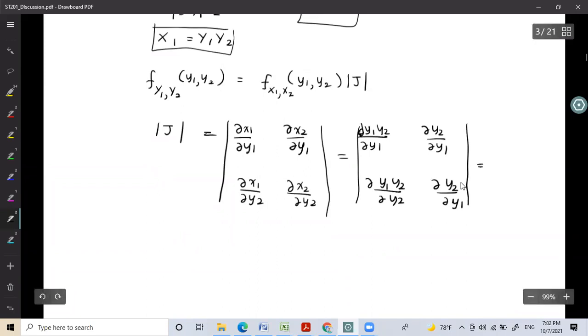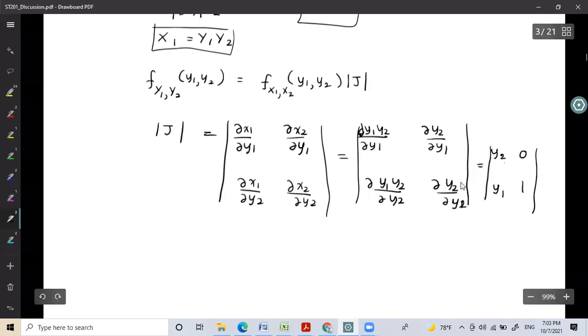So for Y1 times Y2, the derivative with respect to Y1 will be simply the constant Y2. From this one, the derivative of Y2 with respect to Y1 is like a constant, so 0. For Y1 Y2, the derivative with respect to Y2, Y1 is like a constant, so it will be Y1, and this will be, sorry, this is Y2, 1.